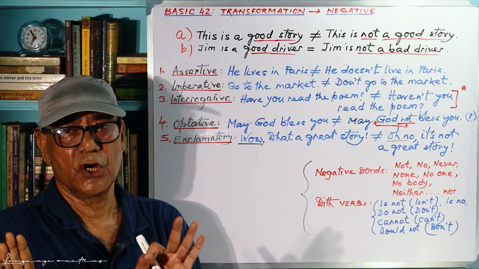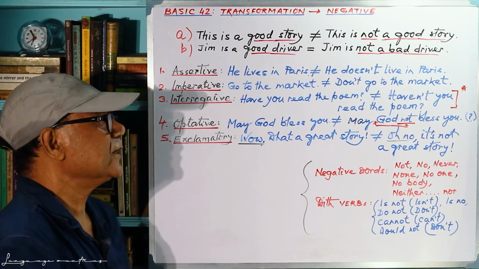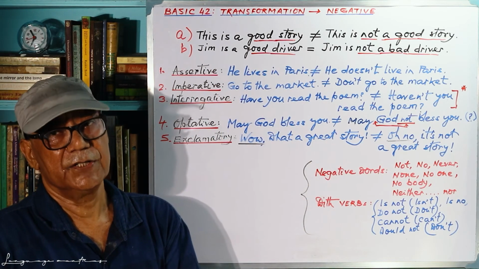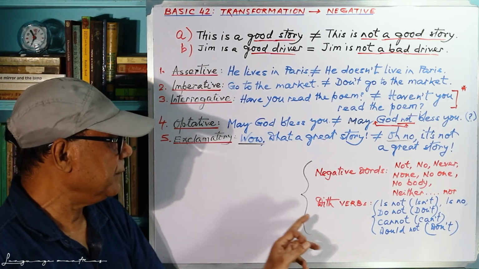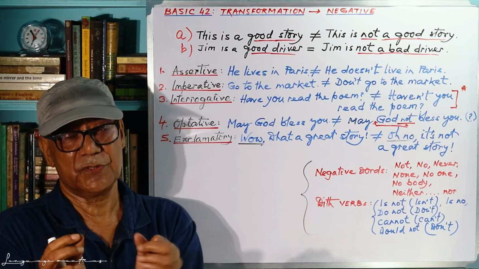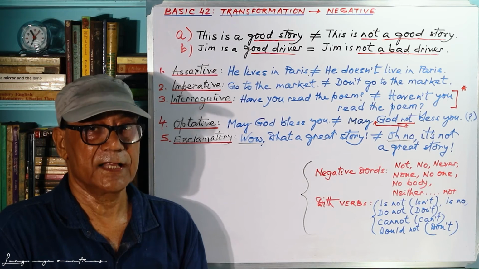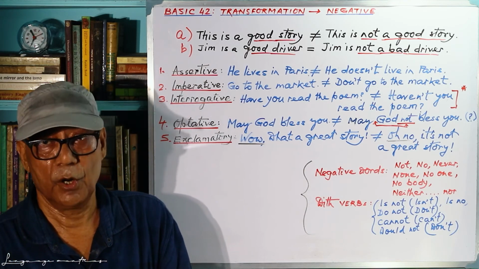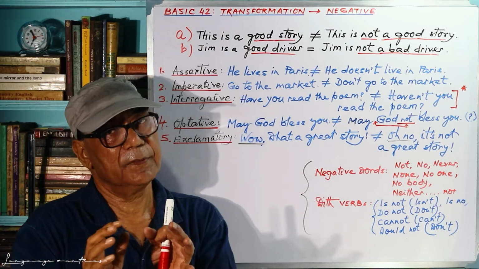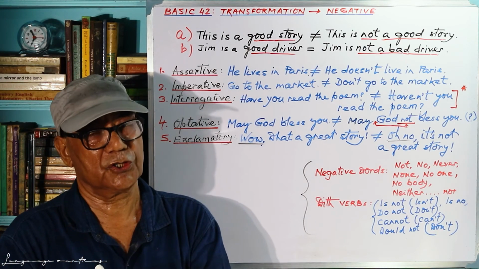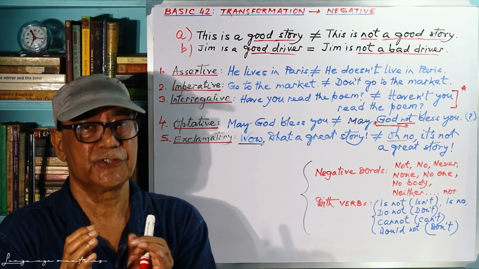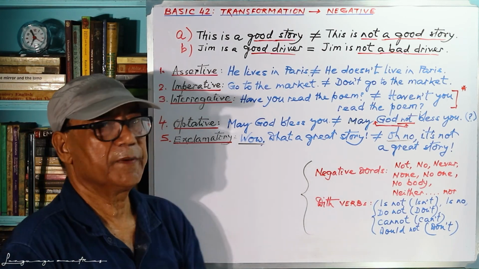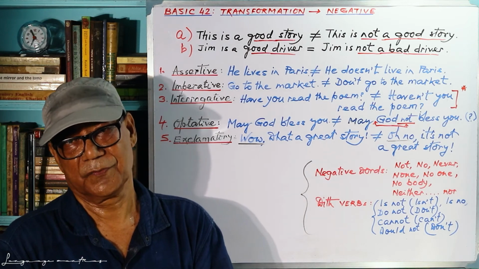I think this is not very difficult. Just try to make some sense of whatever we have discussed. Just remember this one. Sometimes the verb, either an auxiliary verb or a modal verb, when it comes with not, they are contracted. Is not becomes isn't.